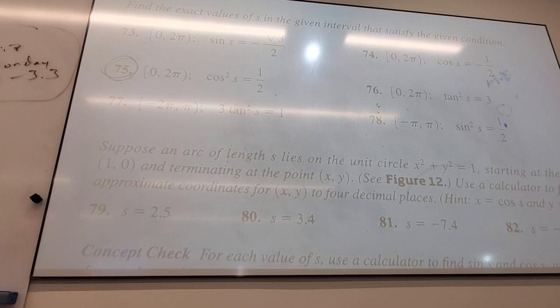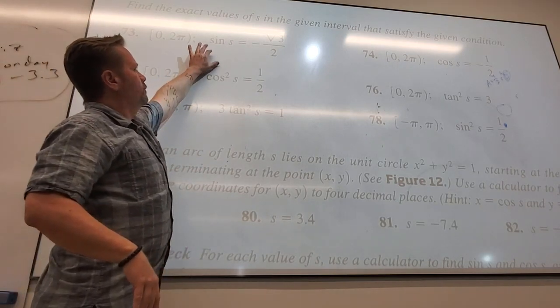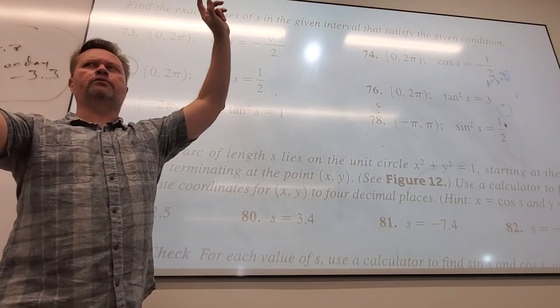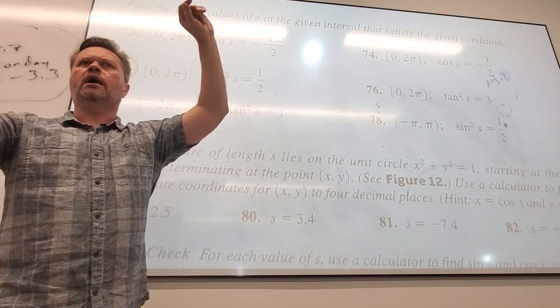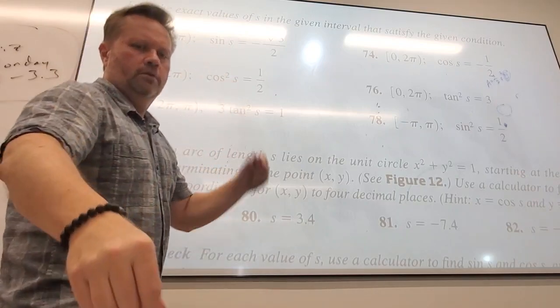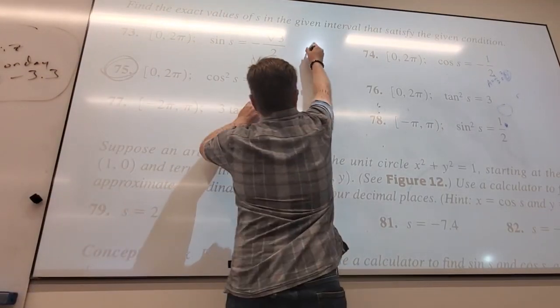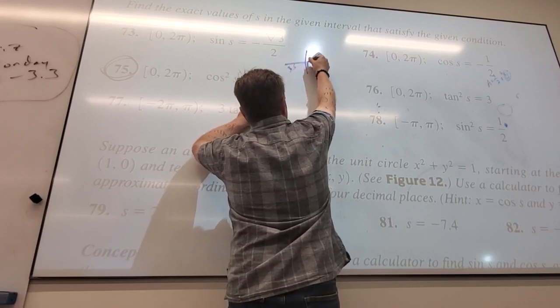Assuming everybody's good. So with number 8, it's kind of similar to 75. Real quick, did we finish this one? So pi over 3 is the reference angle. You guys agree with me? Because that's what makes sine rad 3 over 2. I'm going to be in the third and fourth quadrants, which means I could draw a little picture for myself. I'm pi over 3 past there, and I'm pi over 3 before there.